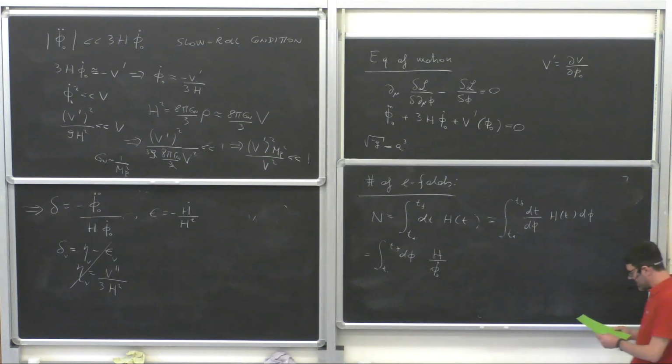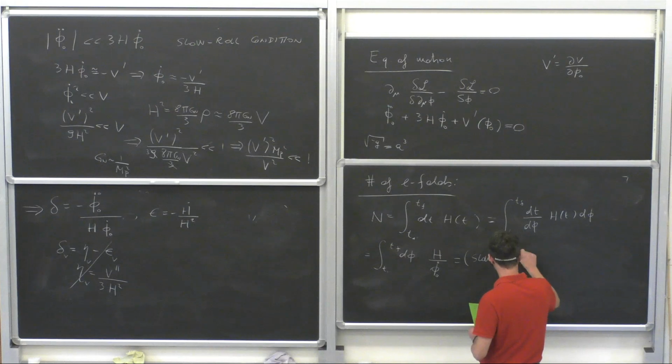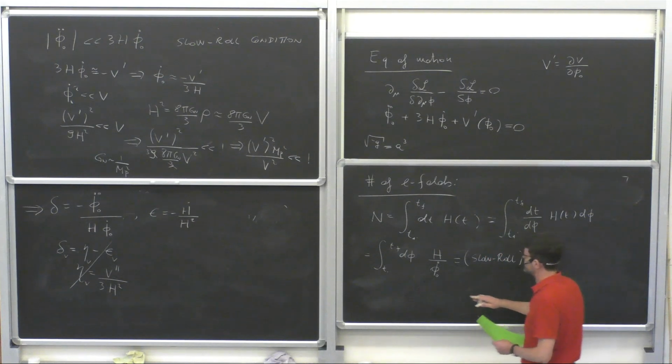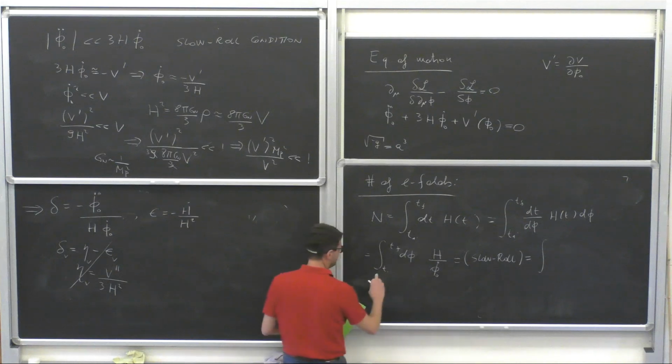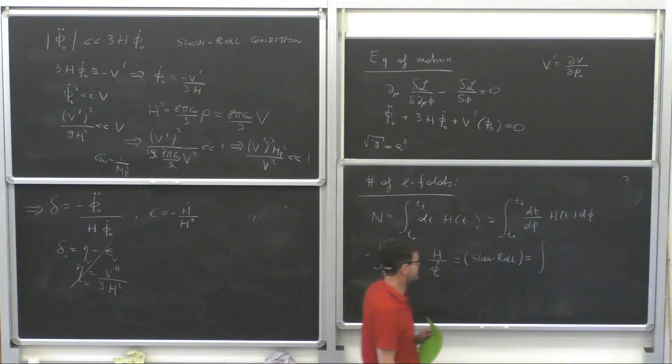Now, if I use the slow-roll condition, this is going to be equal to the integral, and since I changed my variable, I should write phi_i and phi_f, the values of the inflaton field at the beginning and at the end of inflation.